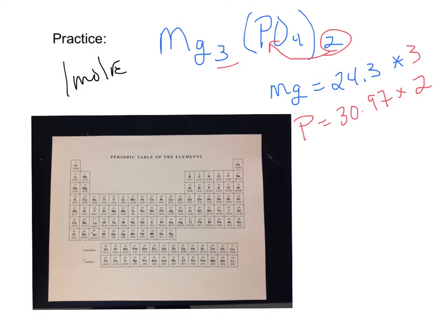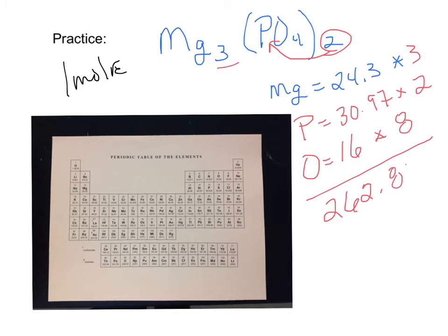And then I had oxygen, which is 16 grams per mole, and there's 4 for each one, but I got 2 of them, so that is times 8 of them. So then I would do my math: 16 times 8, 30.97 times 2, 24.3 times 3. Go ahead and add all those up, and you should have come up with 262.82 grams per mole.